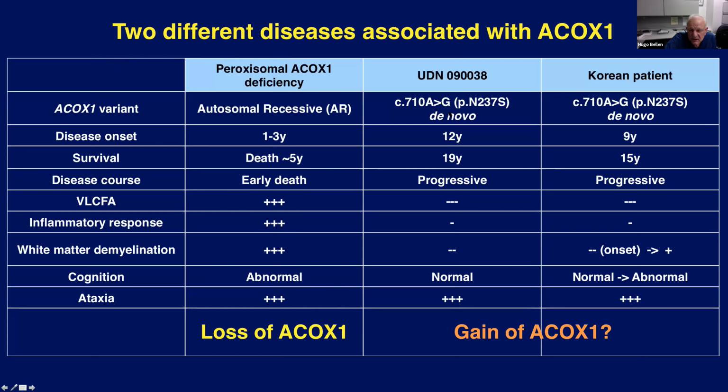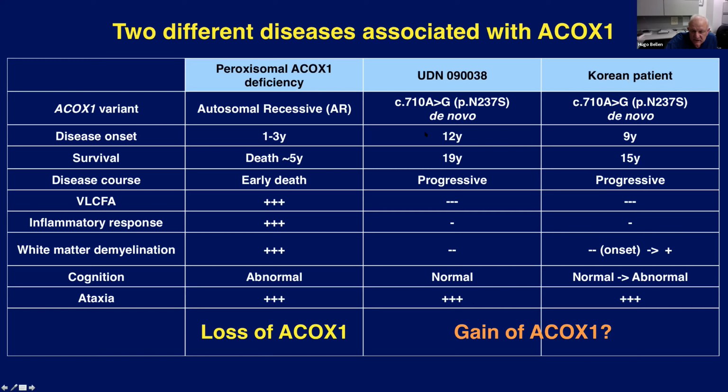This patient, though, that was submitted from WashU, called Mitchell, had a disease onset at the age of 12, died by the age of 19, had a progressive disease course, had no increase in very long chain fatty acids, no inflammatory response, no white matter demyelination, but became ataxic when he was 12.